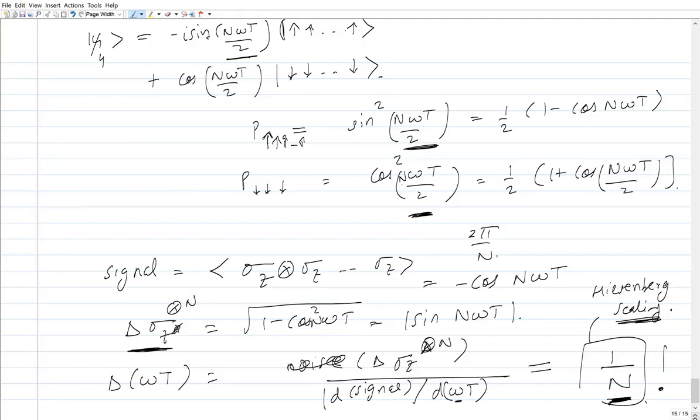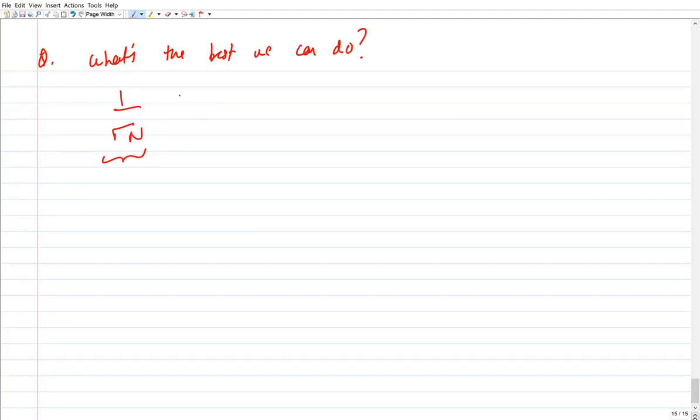Now, of course, the natural question that arises is, in quantum limit metrology, what's the best we can do? We already saw this was a classical scaling. This was called the shot noise limit.